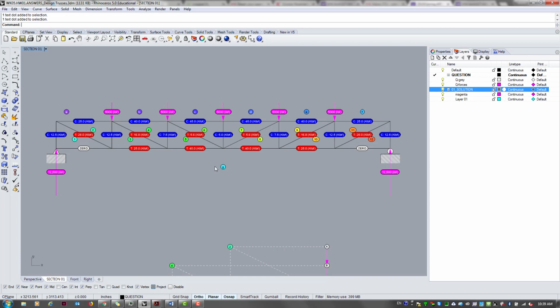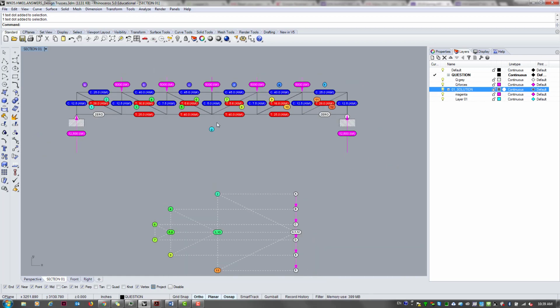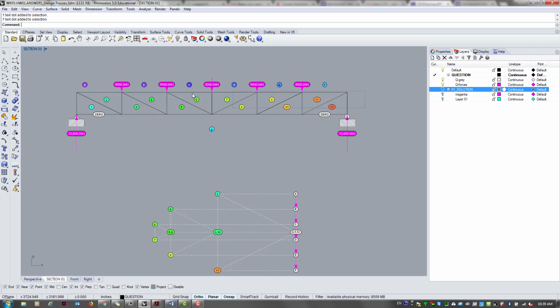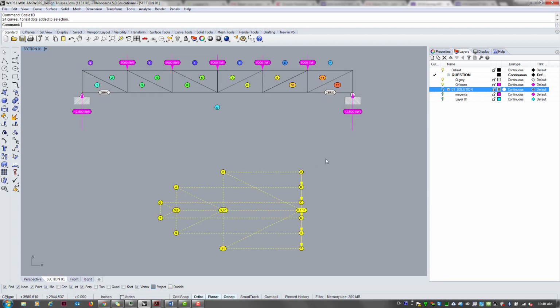So basically the depth of the truss directly correlates to the amount of tension at the bottom and compression at the top, because if you remember, as you scale the truss geometry up and down, what happened in correspondence was the force diagram scaled horizontally, bigger and smaller.